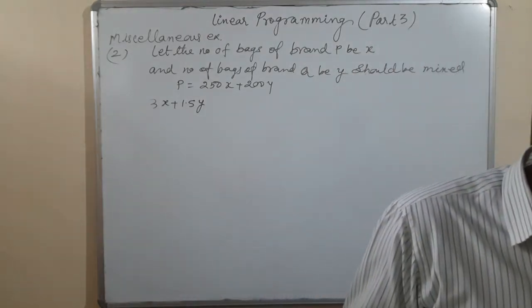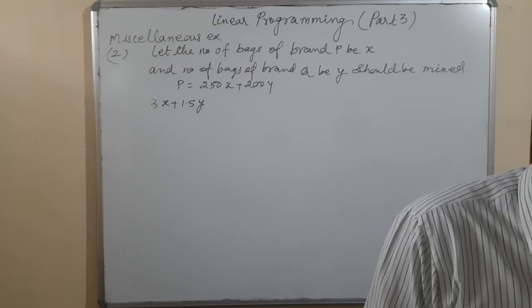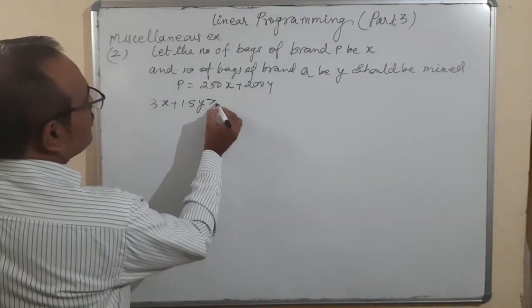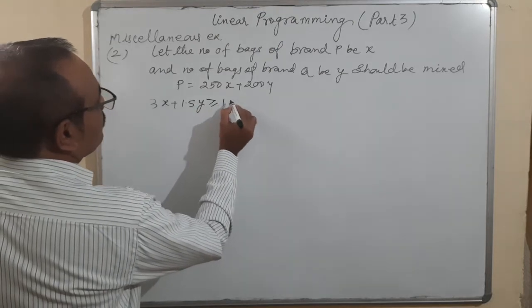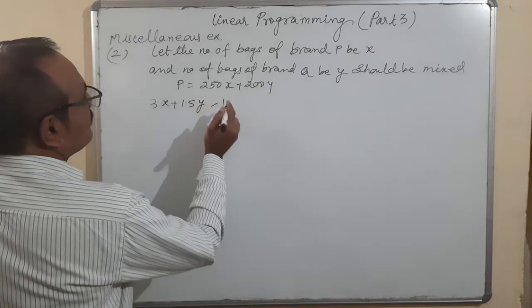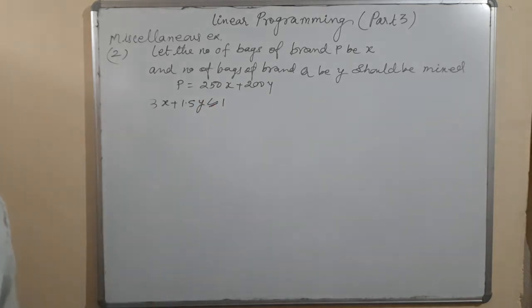The condition is the required nutrients A, B, C are a minimum, minimum 18, so it is greater or equal to 18.